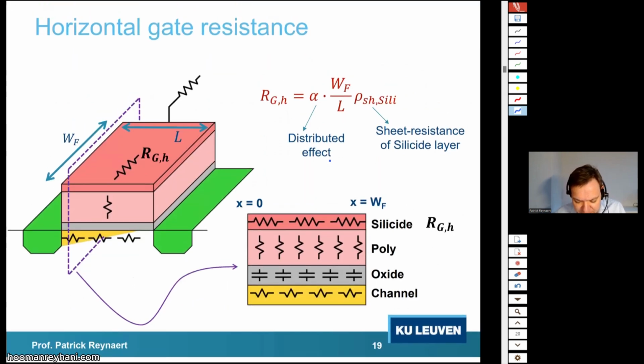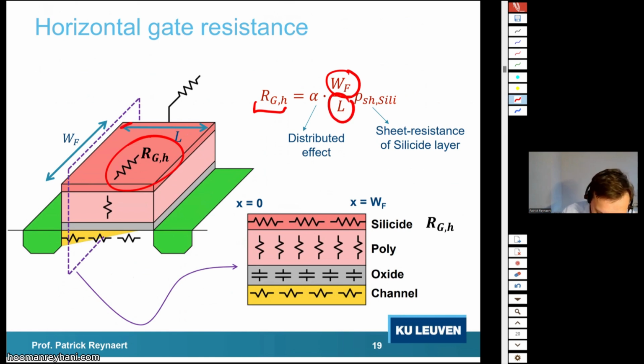But let's take it step by step now. First of all, this horizontal resistance over here, obviously the actual value of that resistance, nobody knows. And you can ask TSMC or ST or GF, they will not tell you. But we can assume that this resistance is proportional to the width of a finger and inversely proportional to the channel length.